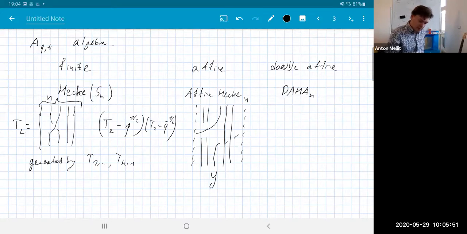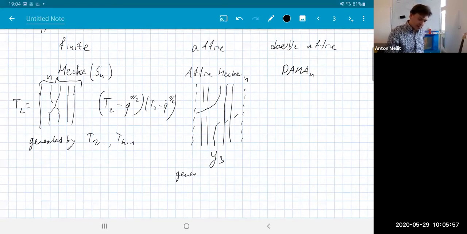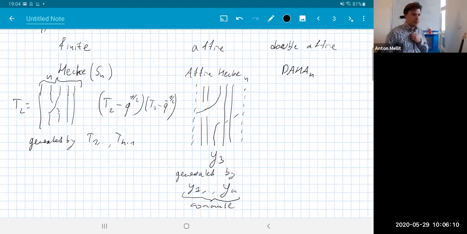And this is a variable I denote y3. So this is generated by y1 through yn, and these commute. So the size is now polynomials and permutations.